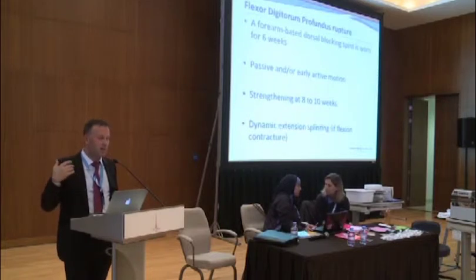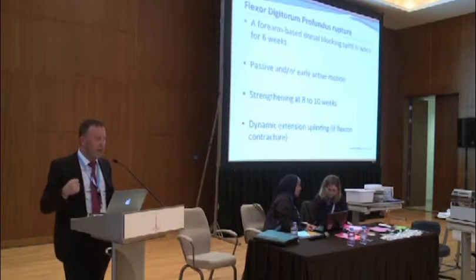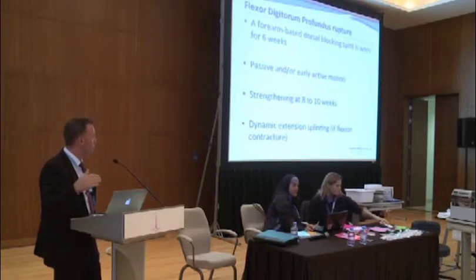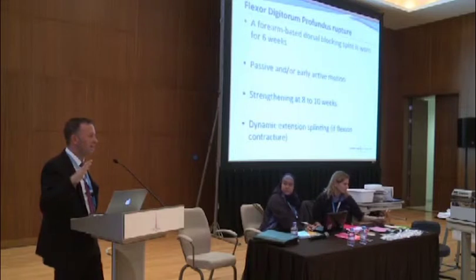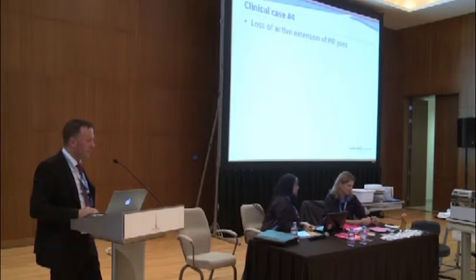We start passive motion at the beginning. Strengthening cannot be started before 2 months. And sometimes after 2 to 3 months, we must put a dynamic extension splint to restore the complete extension.